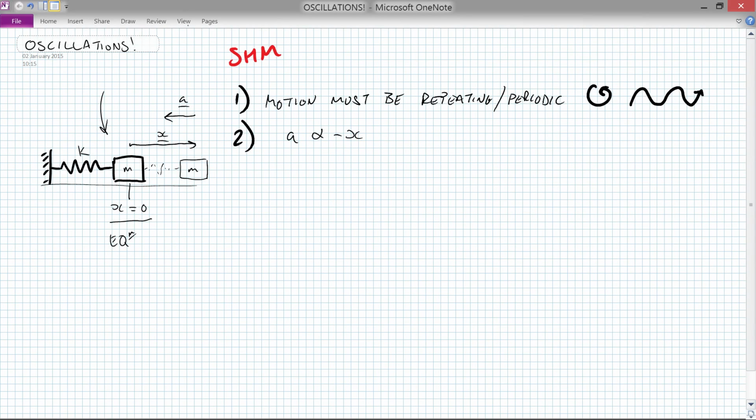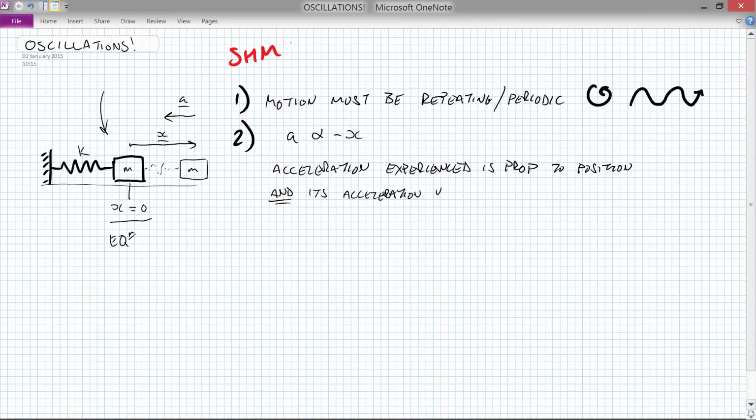So in words, what this is saying is that the acceleration experienced by the mass is proportional to x, so it's proportional to position, and importantly, its vector, the acceleration vector, always points in the opposite direction.